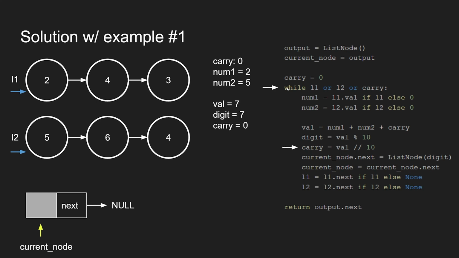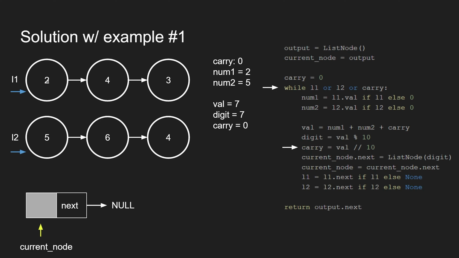Now, we enter the while loop here. So while L1 or L2 or carry. Effectively this means while there's something in L1 or there's something in L2, or if the carry is not equal to 0. Because if carry is equal to 0, it would be 0 or 0, which evaluates to false, basically.